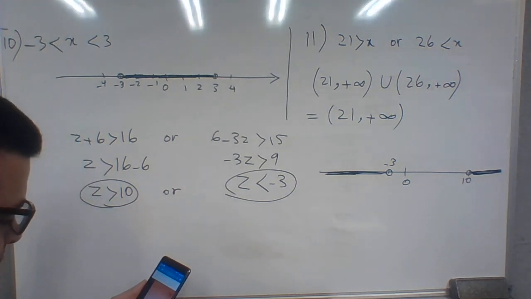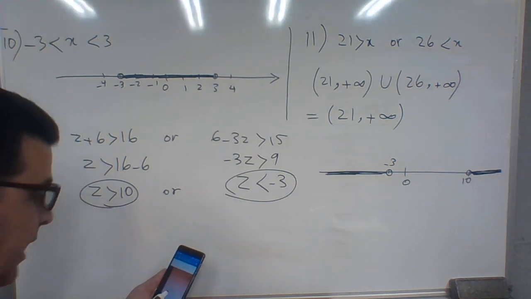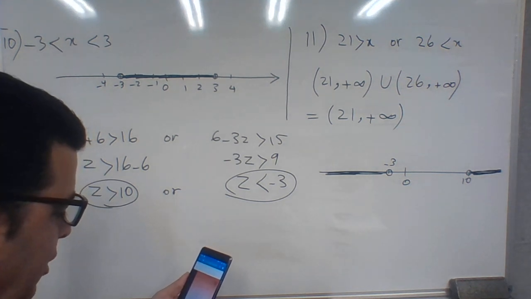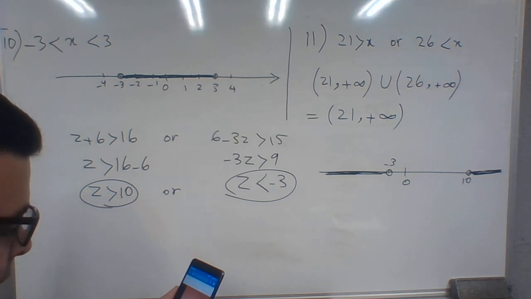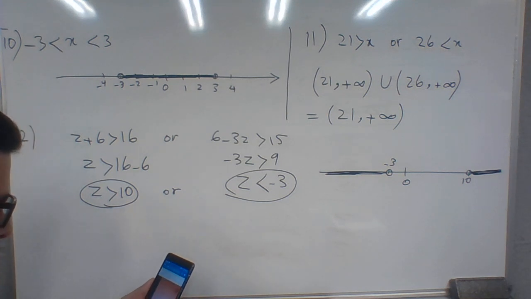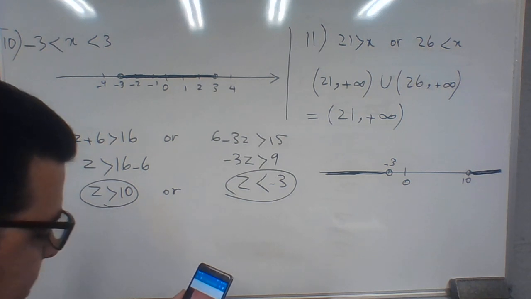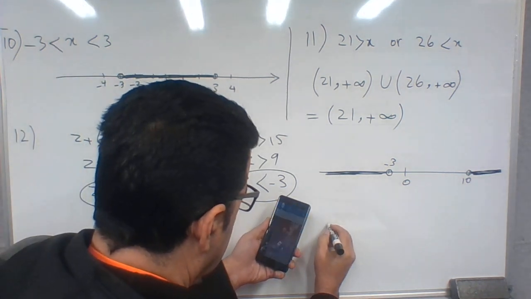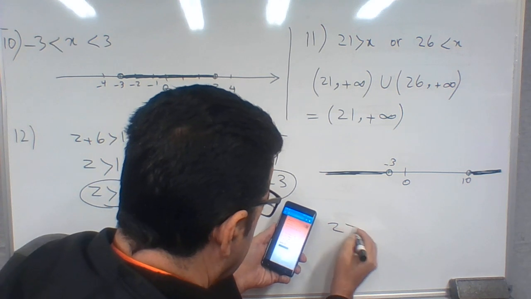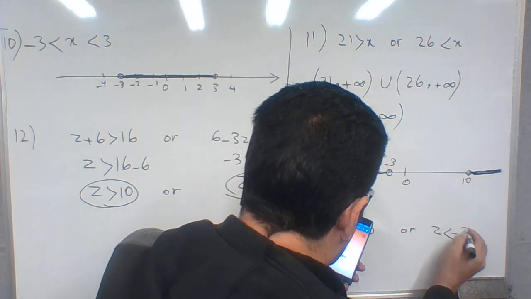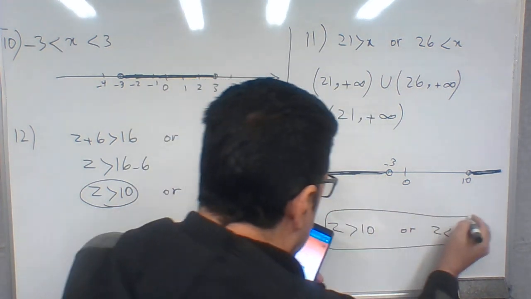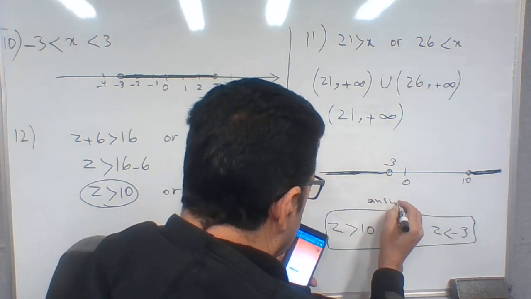Which one is the answer? Part 1 is not correct. Part 2 is not correct. Part 3 is not correct. And part 4 is the answer. So part 4 is z greater than 10 or z less than negative 3. This is answer 4.